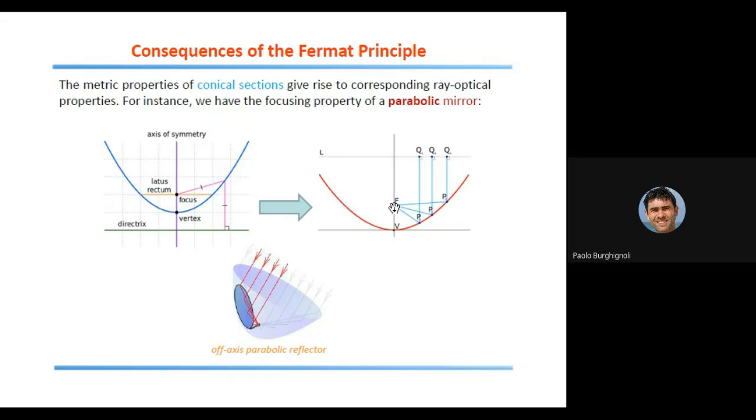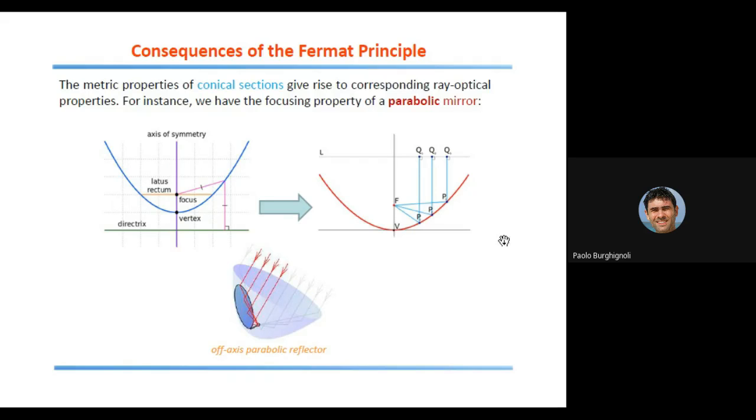It turns out that rays coming out of the focus are bent by reflection upon the parabolic mirror, all in the same direction, which is the direction of the axis of symmetry of the parabola.